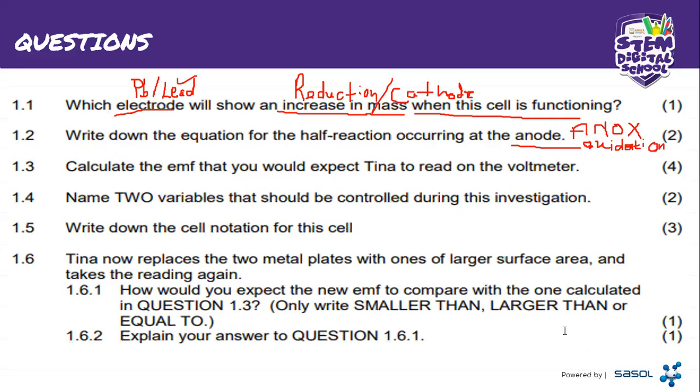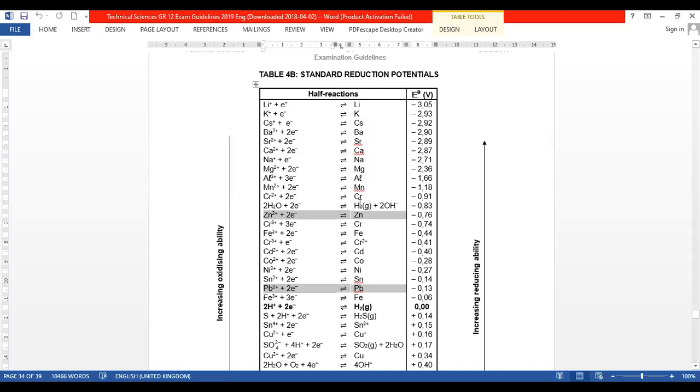You see, we are dealing with zinc and lead. So the zinc is on top. It is the one that is undergoing oxidation. So it is the one that will lose electrons altogether. And if I want the oxidation half reaction, you know I will write from right to left. If I wanted reduction, I would have written from left to right. So in an oxidation form, I must write it in the form of right to left. So from right to left, this is what I'm going to do.